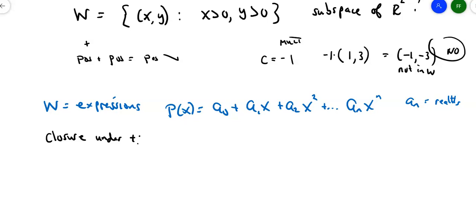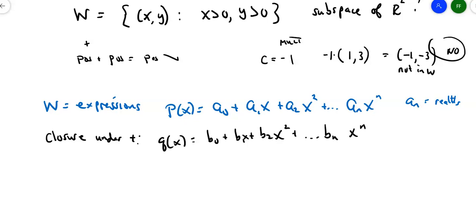Suppose I've got one polynomial that's already up there, and I'll come up with another polynomial. I'll call it b sub 0 plus b sub 1 x plus b sub 2 x squared, till I get to b sub n x to the n.